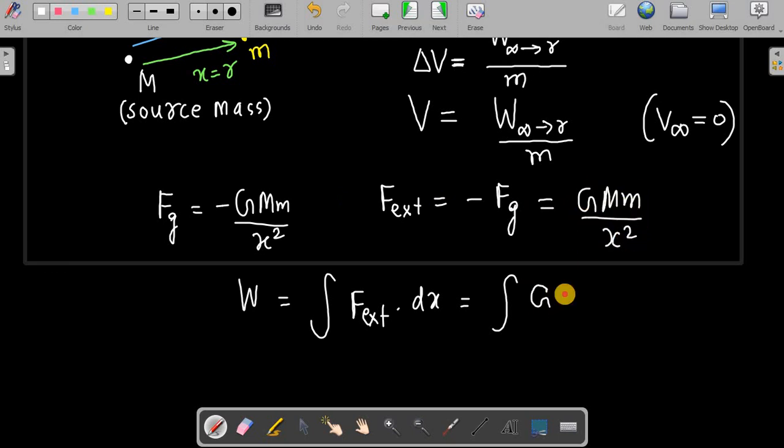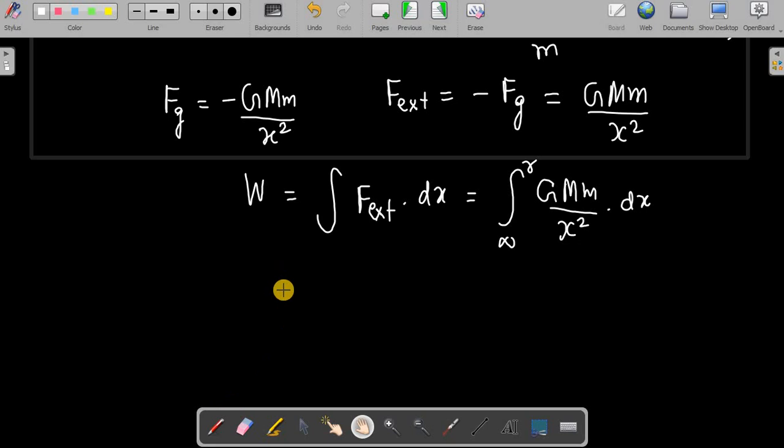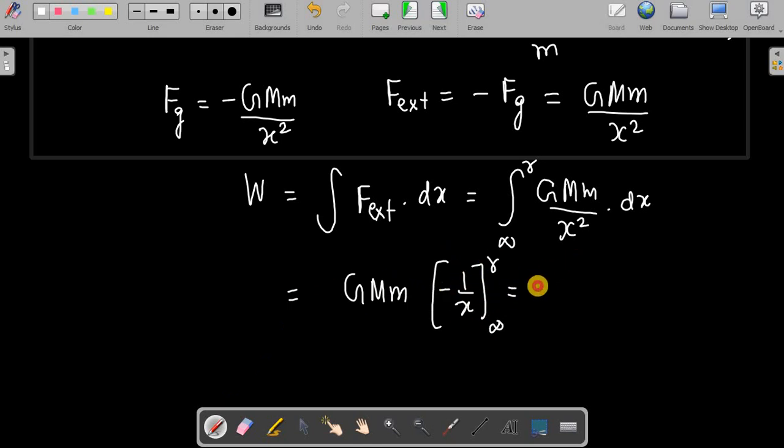Now the integral of GMm by x square into dx, and you are going from infinity to that location r. So it will become GMm times the integral of 1 by x square, which is minus 1 by x, from infinity to r. Substituting the limits, we get minus GMm by r.